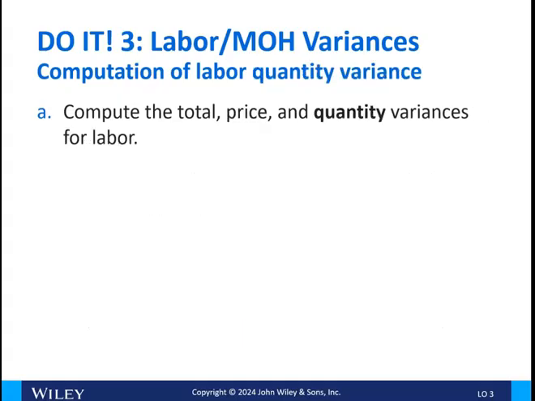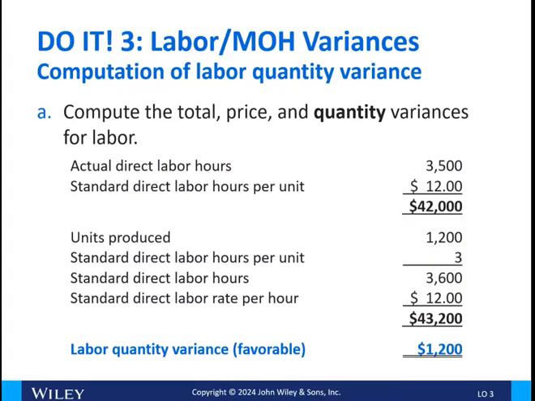Now if we look at quantity, we're going to take our standard rate, or $12 per hour, at our actual hours and at our standard hours, and then compare that. So our actual direct labor hours at our standard rate of $12, we get $42,000. Again, our units produced were 1,200 at 3 direct labor hours per unit, 3,600 direct labor hours times $12.